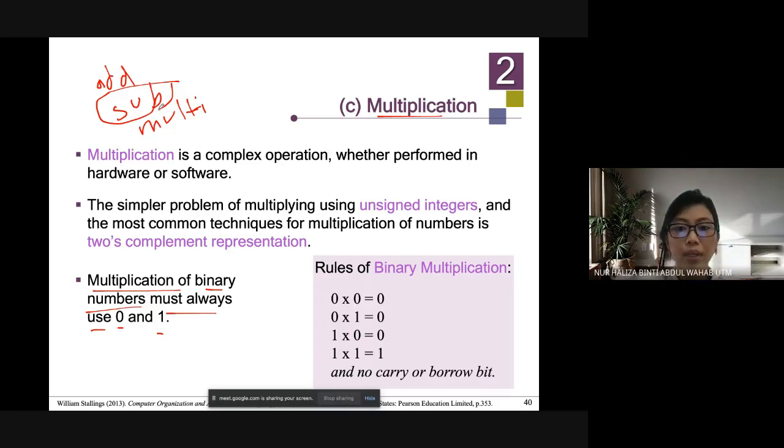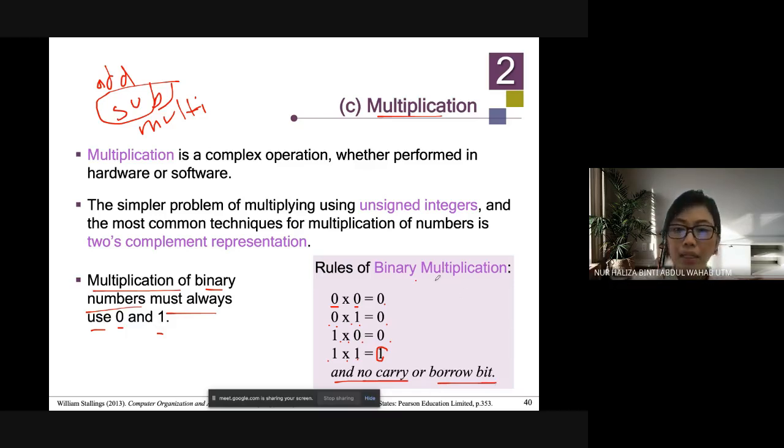So please remember that. So in multiplication, you can see over here, 0 multiply 0, it will be 0, 0 multiply 1, you get 0. 1 multiply 0, you get 0. 1 multiply 1, you get 1. And there is no carry or borrow bit. This is the hint here. You have no carry, no borrow, nothing.